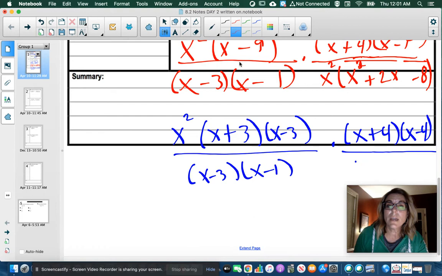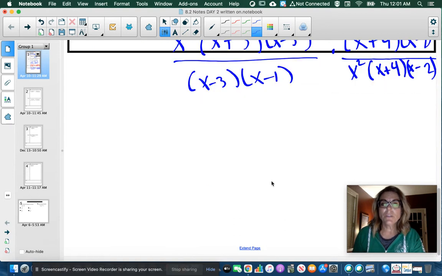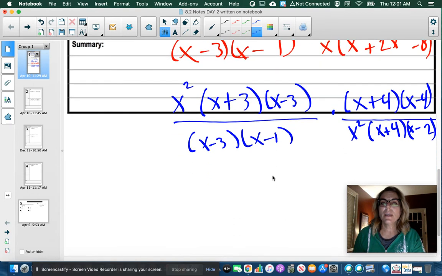Okay, so now we have x squared right there, and now I can factor. Again, x times x, 4 times 2, and we need the negative there and the positive there because they have to multiply to a negative 8 and add to a positive 2. Everything is fully factored. Now I see, what can I cross off?